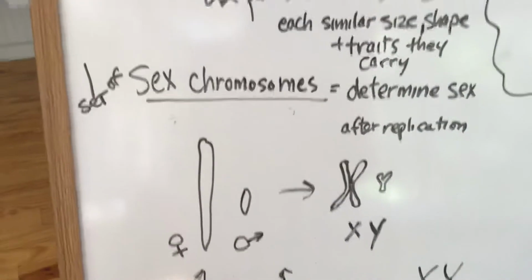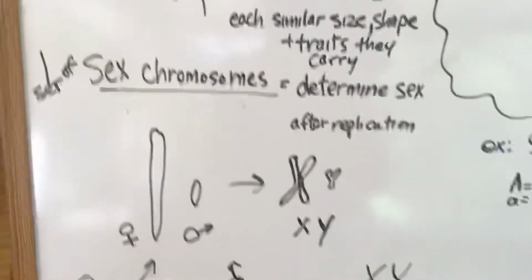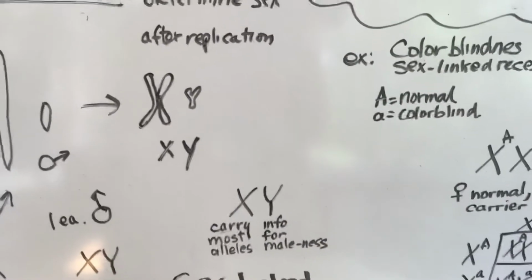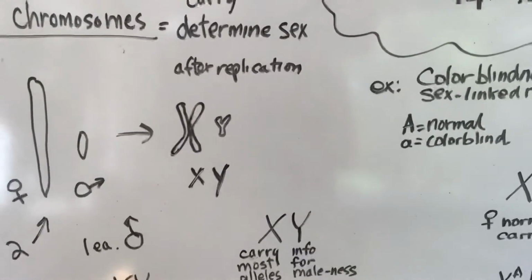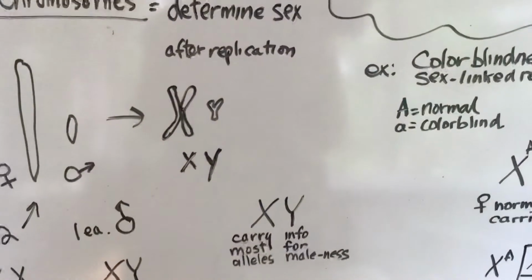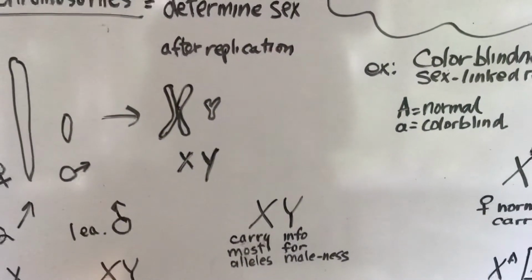Now the thing about the X and Y chromosomes is that the X chromosome is the one of the pair that carries most of the information. In other words, it carries most of the alleles that are going to be determining that individual's traits. And the Y chromosome for males is going to determine its maleness.